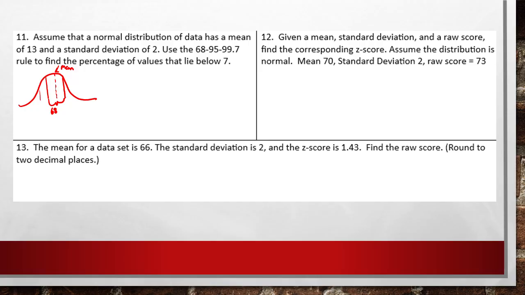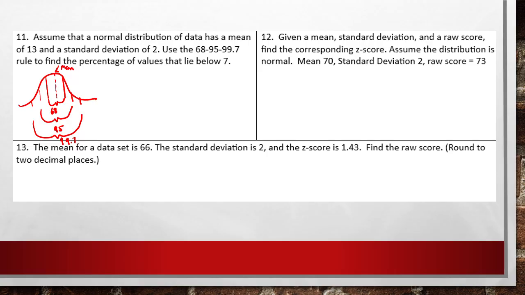Then if we go 2 standard deviations away, this is where we have 95% of our values. And to go 3 standard deviations away, that's where we end up with the 99.7%. And again, these are just estimates, but this is approximately how much each of your sections holds.